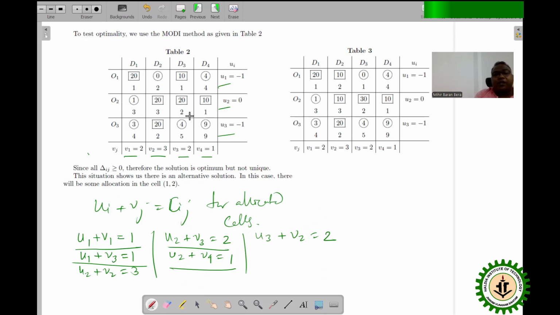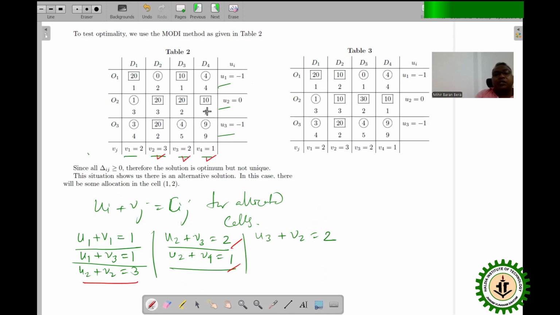And as I said earlier, in this case we are choosing U2 equal to 0. If you put U2 equal to 0, then from these relations, this one, this one, and this one, you get V2 equal to 3, V3 equal to 2, and V4 equal to 1.